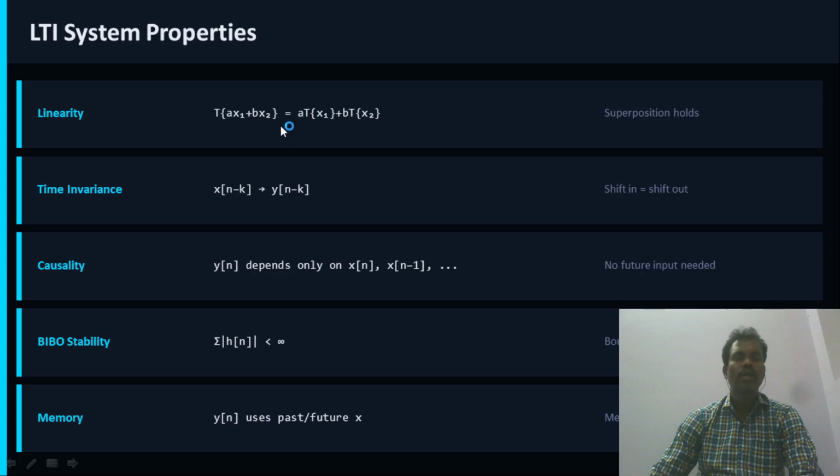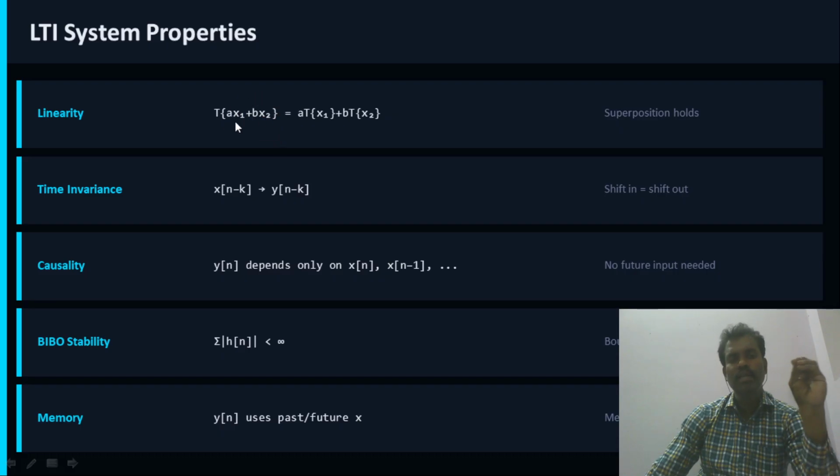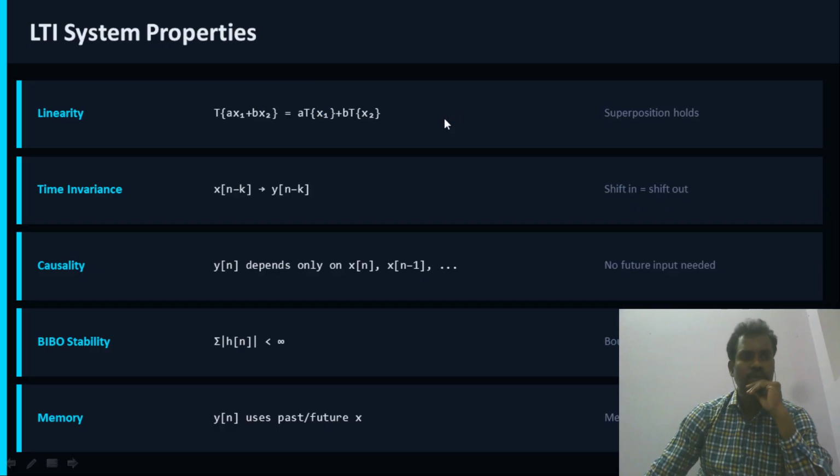The system is represented with T within brackets. That means T of a x1 of n plus b x2 of n. When we apply a x1 plus b x2 as the signal, what is the system function T? It is a function whose independent variable is the input signal we are applying to it. It produces some output. That is a system.